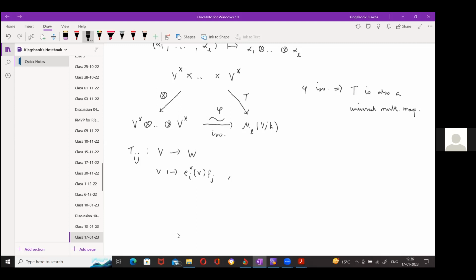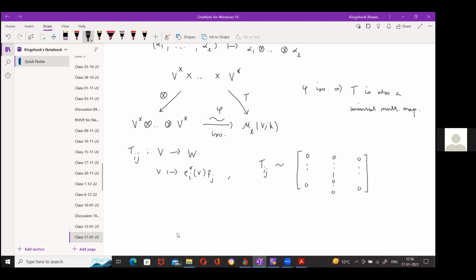So that means the matrix of T_ij with respect to the bases e_i and f_j, all the columns are going to be 0. The columns are just T_ij of the basis vectors e_i. So all the columns are 0, except the ith column, the image is f_j, so that is represented as a column vector e_j, with 1 in the jth position.